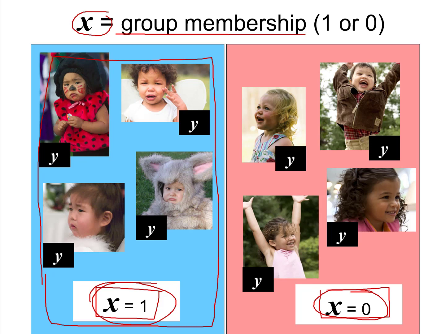So now you see we have a sample of 8 children, and every child will have a score on 2 variables. Every child will have a score on the x variable, which is either a 0 or a 1 based on group membership, and every child will have a score on the y variable, which is the child's level of happiness, that numerically scaled outcome variable.